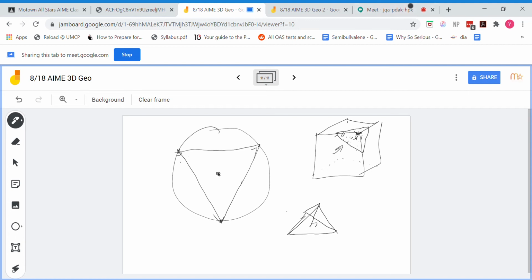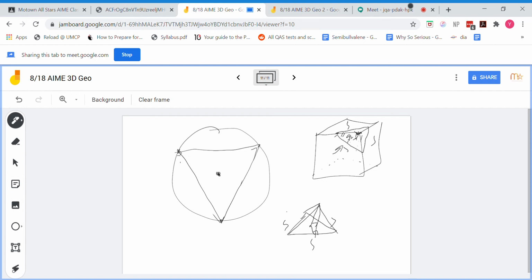And so if we draw this line right here, drop the perpendicular from the centroid to a side, and we draw this line right here, we will end up with a right triangle. And so given the side lengths of this equilateral triangle, if we figure out the side lengths, then we can figure out this length right here, right?